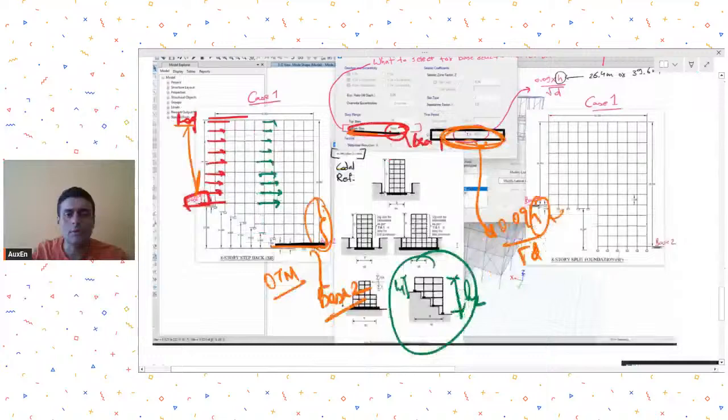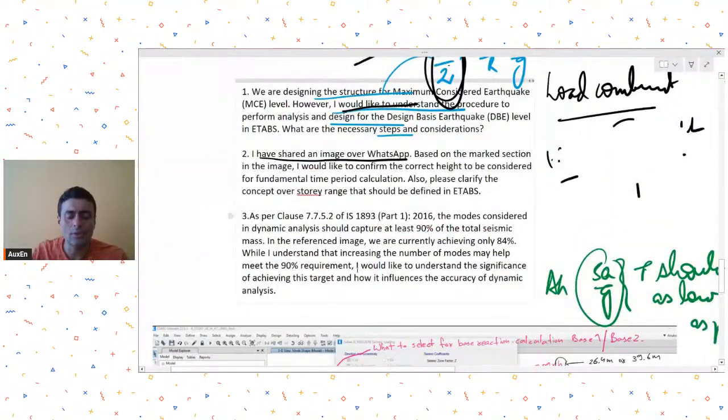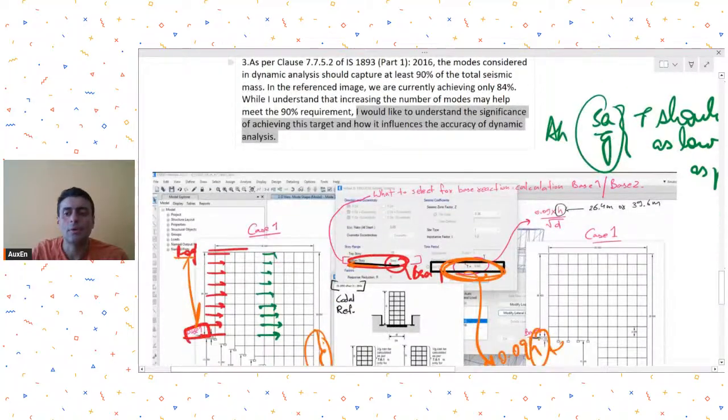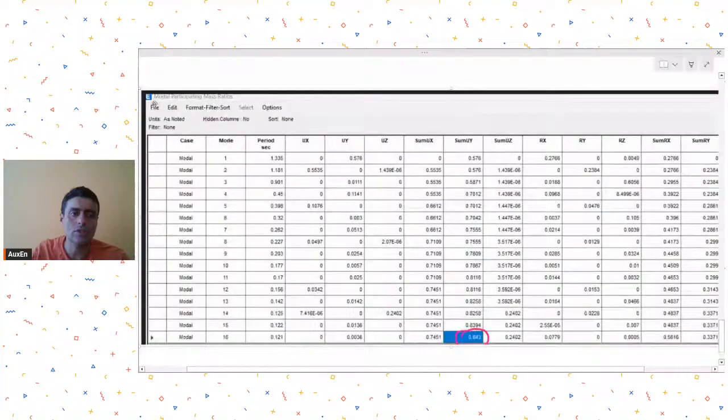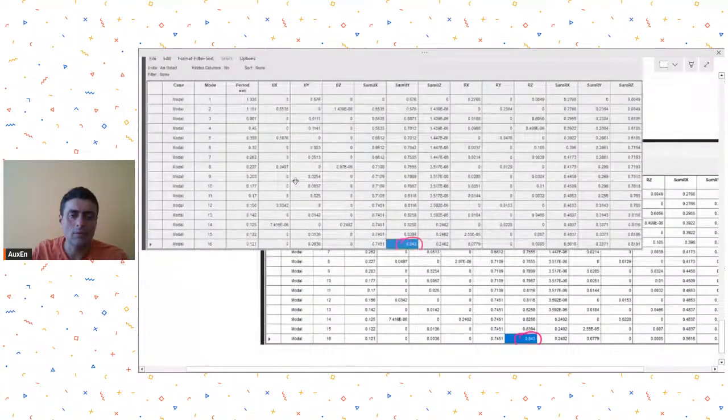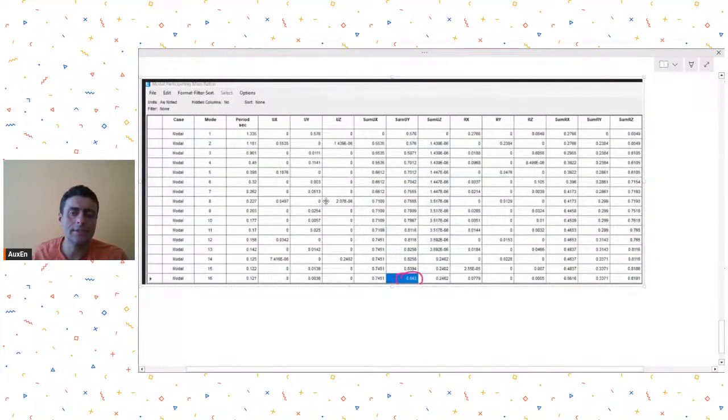To understand your question, read the basics of response spectrum analysis from any textbook, and understand what is happening in it.